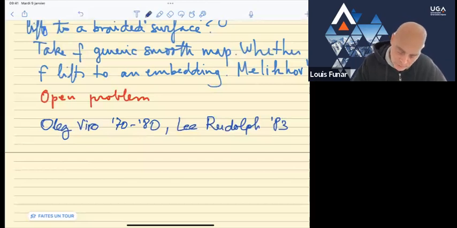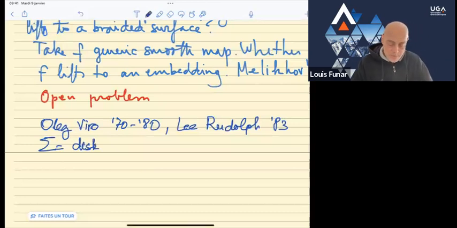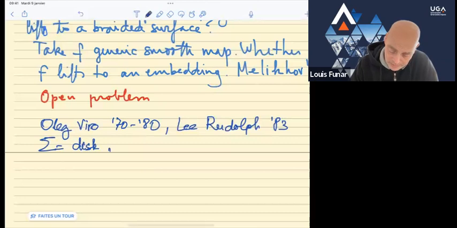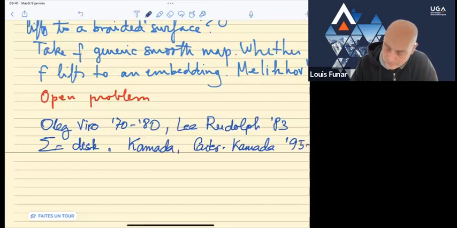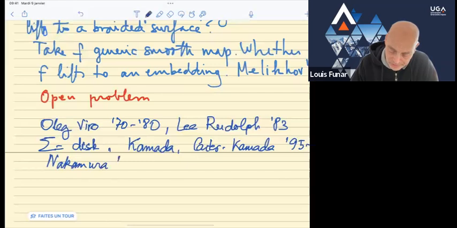So here sigma was just a disk. And then this was pushed much further, especially in the work of Kamada, and then Carter and Kamada in the 80s and 90s, so from '96 up to date. And more recently, I think Nakamura was interested in the case of braided surfaces over the torus.